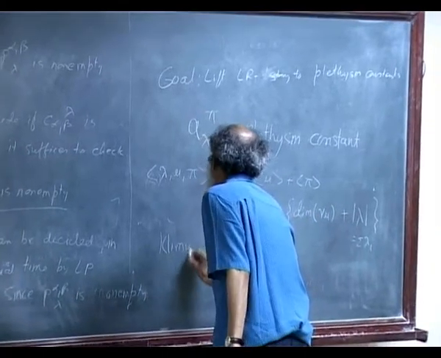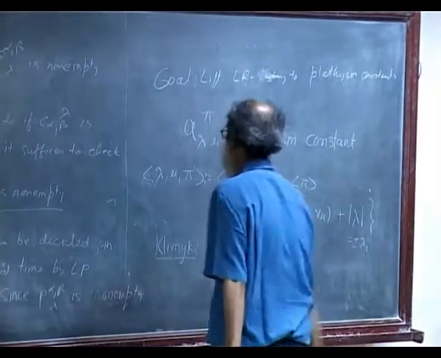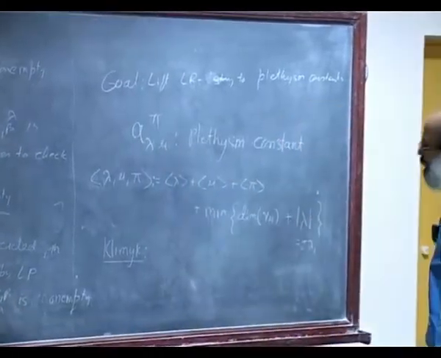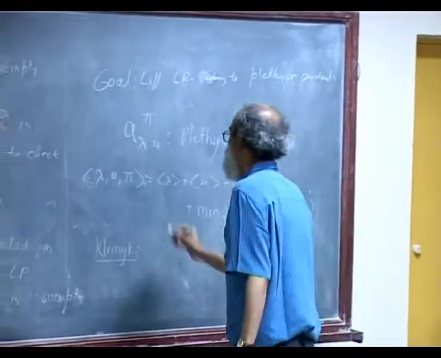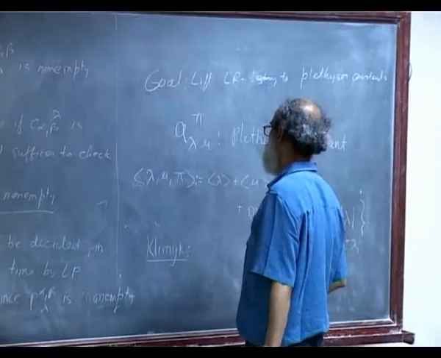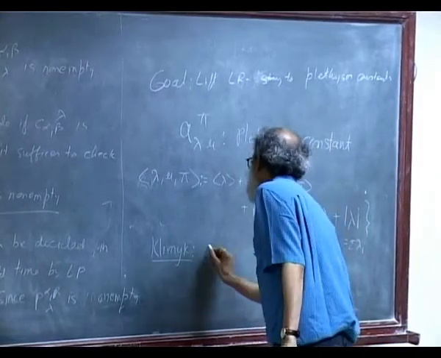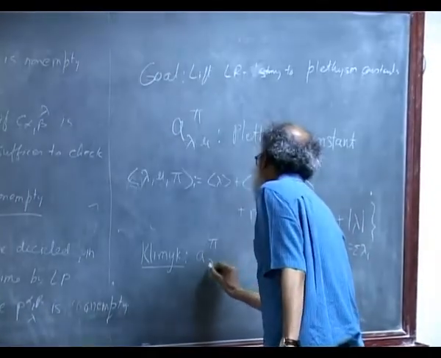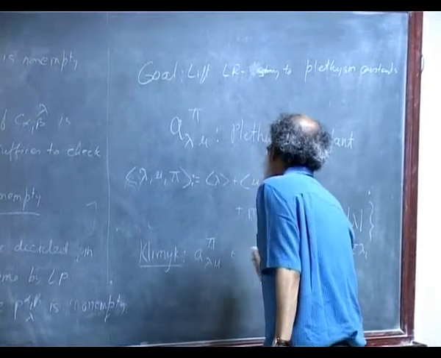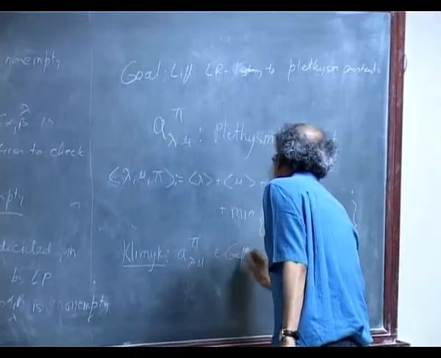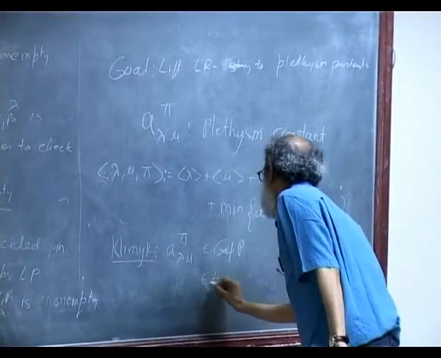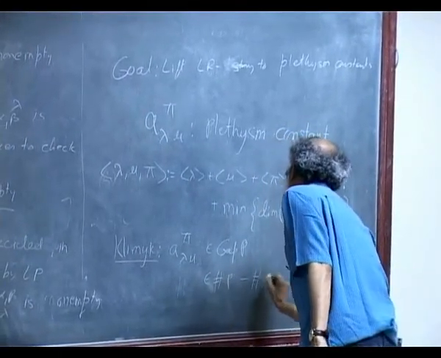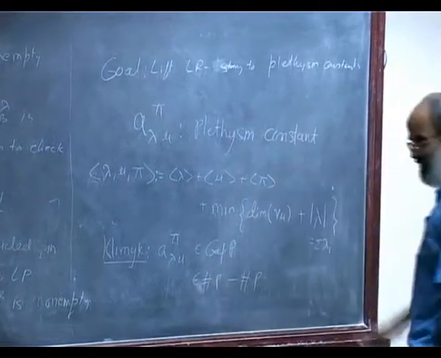So there is a character formula, more efficient than the Weyl character formula, which shows that with this definition, a_{lambda, pi, mu} belongs to the complexity class called GapP. What that means is that it can be written as the difference between two #P functions, symbolically #P minus #P.